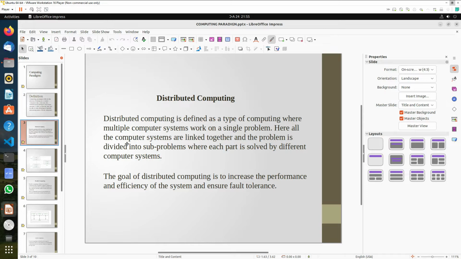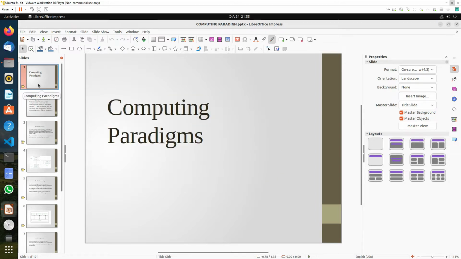And let's talk about distributed computing. Distributed computing is under computing paradigms. It is basically whatever workload is given to a network, because we are talking about computing paradigms.